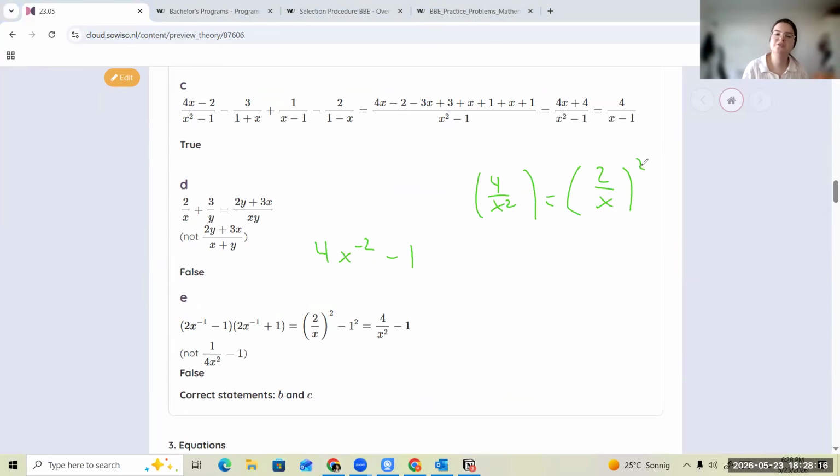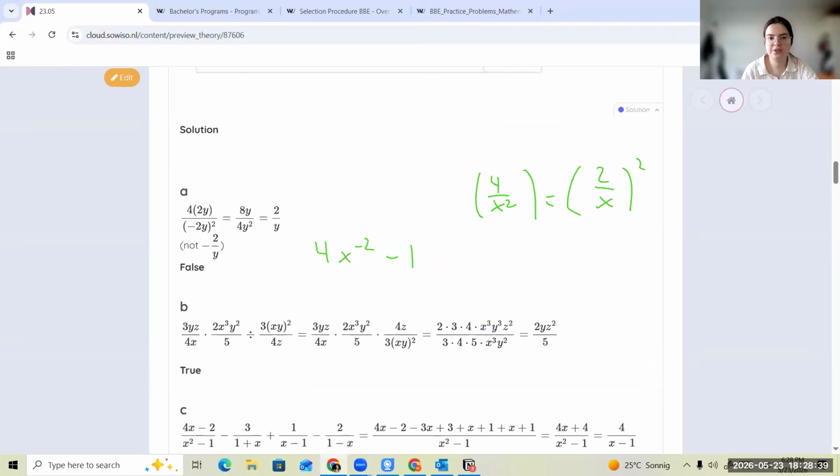Different representations. Some just look a bit neater. Whatever you prefer, go for it. So that's how you have this and not that. That's what makes it false. So you have 4 over x squared minus 1 as the final answer, and not this as the final answer that they stated in the statement. And that's why it is not correct.